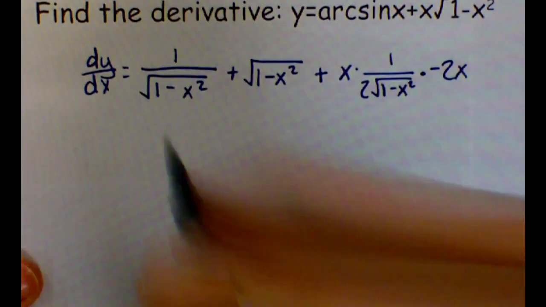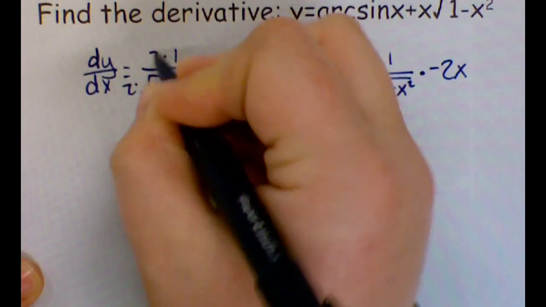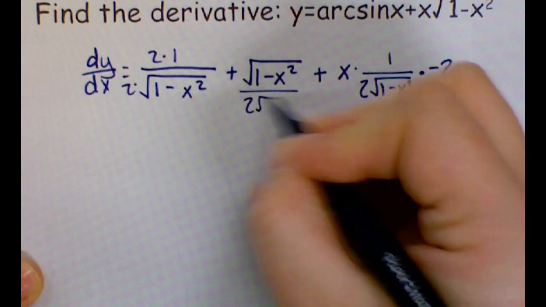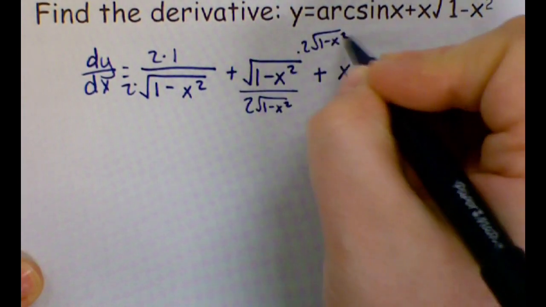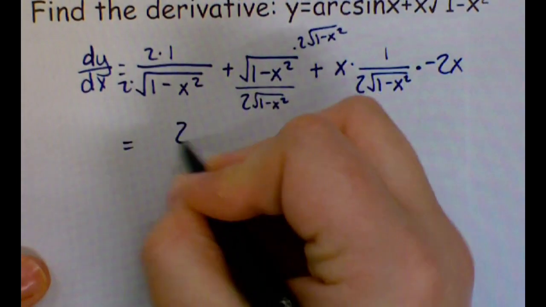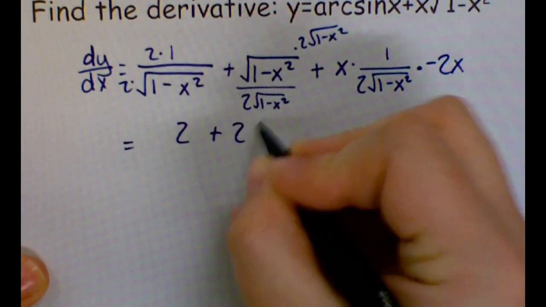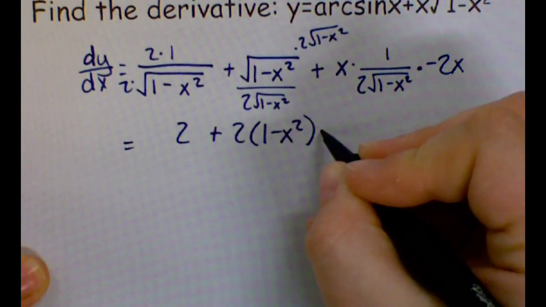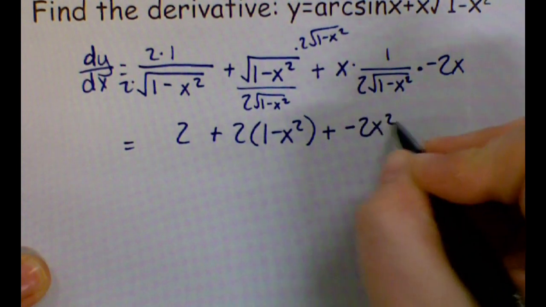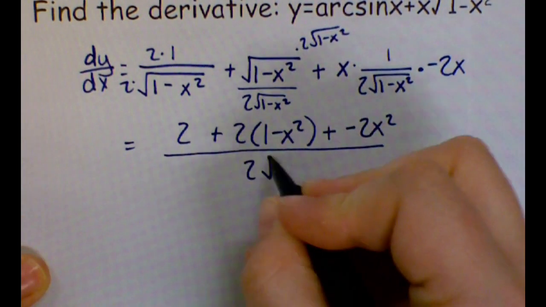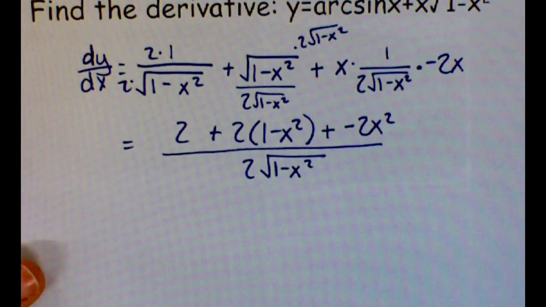Well, to get a common denominator, multiply this one by 2, and multiply this by 2 square root of 1 minus x squared. So my derivative is 2 plus 2 times 1 minus x squared plus negative 2x squared, over 2 square root of 1 minus x squared.